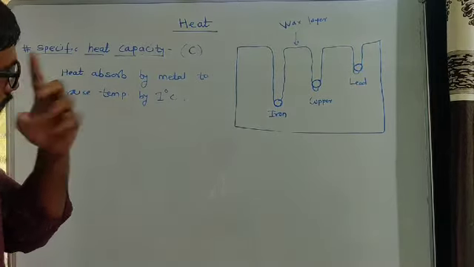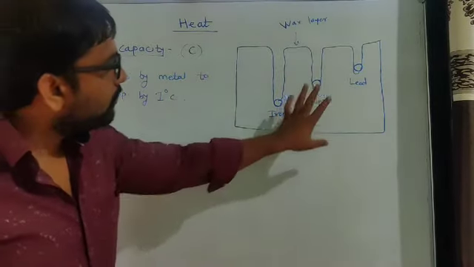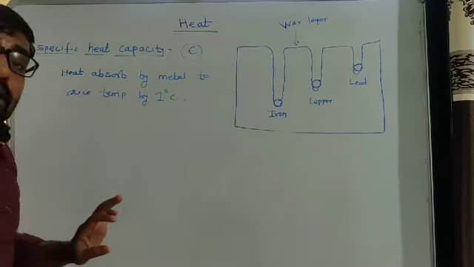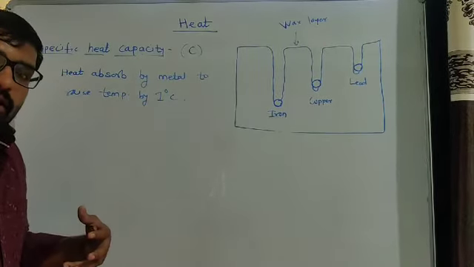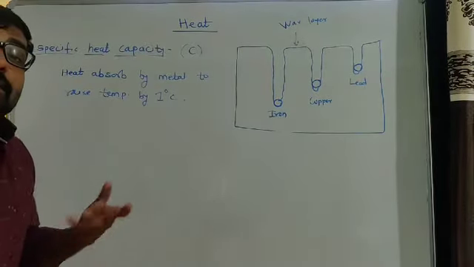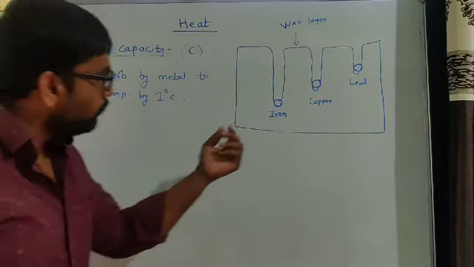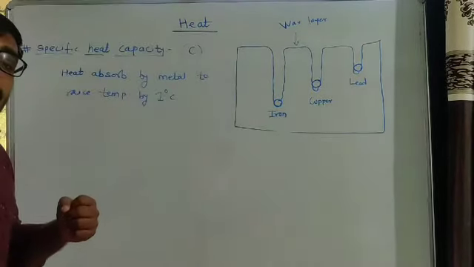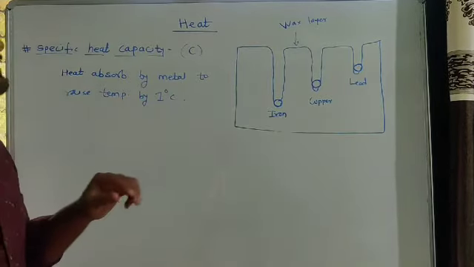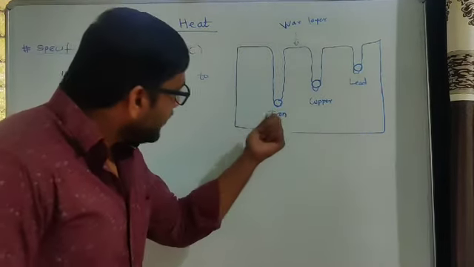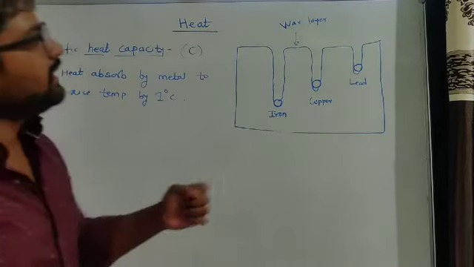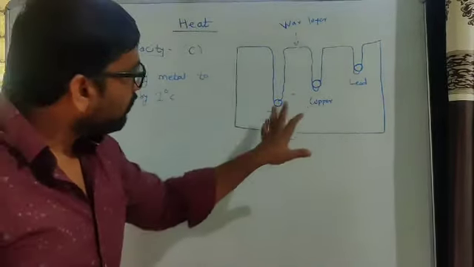So actually what happened here: iron, copper and lead have initially the same temperature, but if we increase the temperature of each of the three metals by 1 degree Celsius, the heat required may be different. Iron needs more heat to raise its temperature by 1 degree Celsius. Copper needs less heat as compared to iron, and lead needs very little heat as compared to copper and iron.